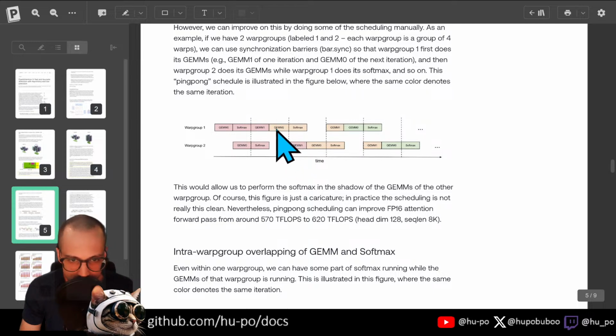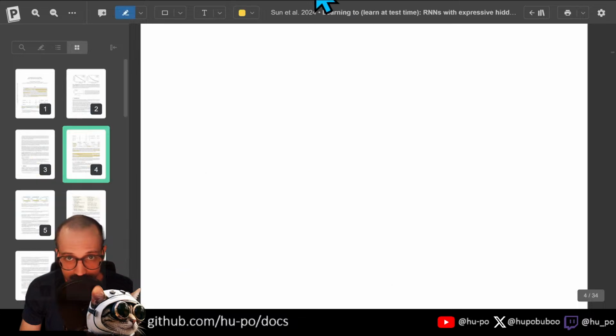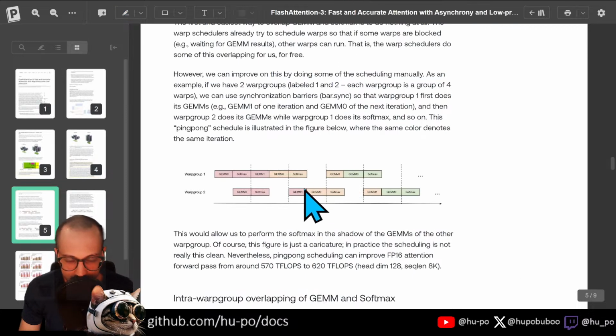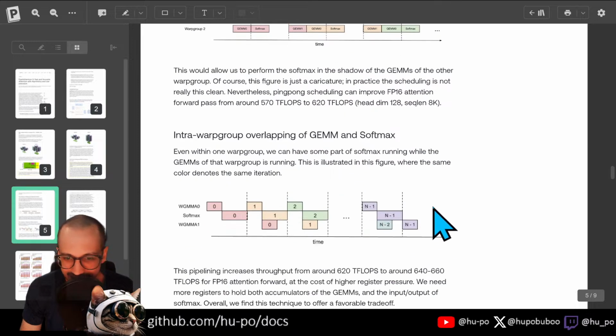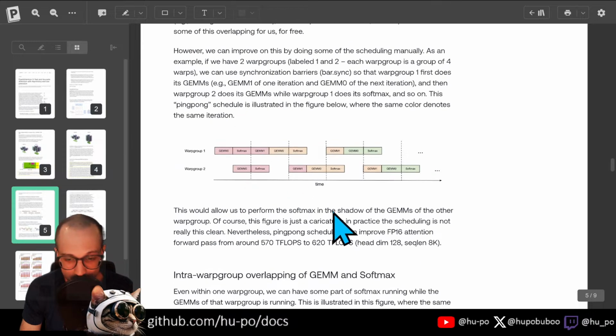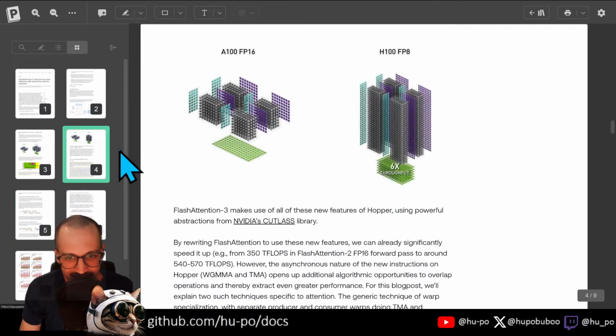Until GEMM0 gets finished, it's basically waiting. And that's why your GPU utilization isn't 100%. A lot of times when you're performing these calculations on a GPU, certain things have to wait for other things to finish. And that type of stuff gets really complicated really fast, because it's not even a type of complexity that's appealing.